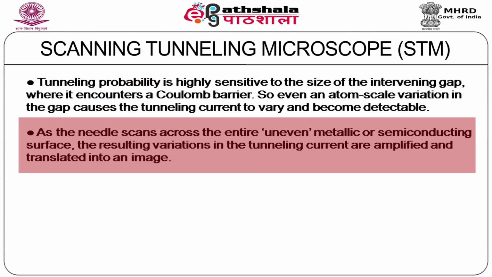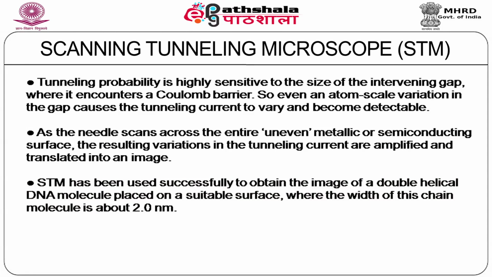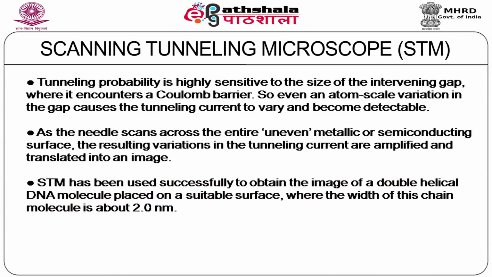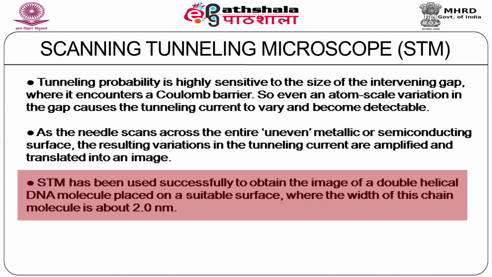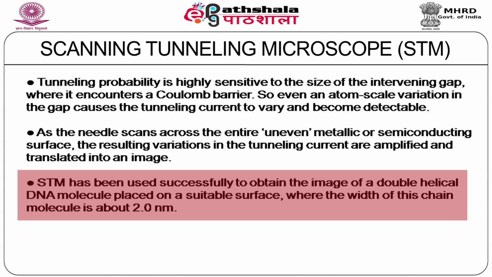As the needle scans across the entire uneven metallic or semiconducting surface, the resulting variations in the tunneling current are amplified and translated into an image. STM has been used successfully to obtain the image of a double helical DNA molecule placed on a suitable surface, where the width of this chain molecule is about 2 nanometers.